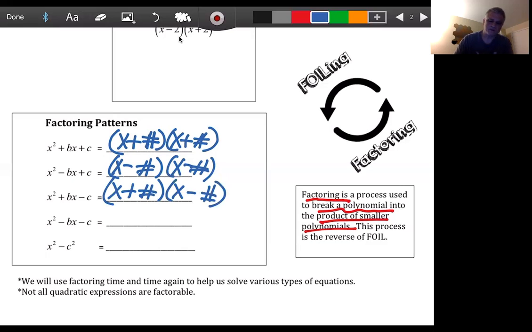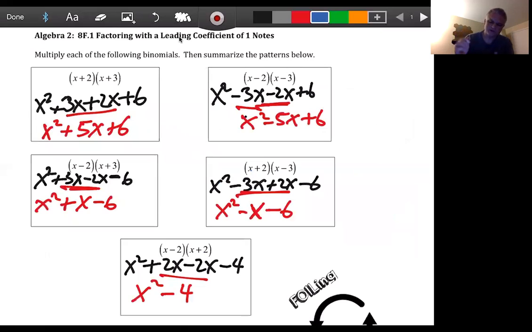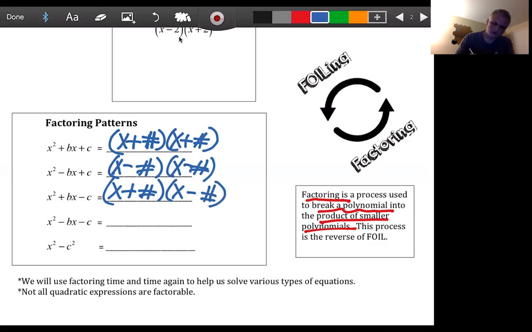How about if we had minus minus? Well, the key really is that third number there. So we have a minus minus here. Well, this one, just like this one, was a plus and a minus. Now, what's the only difference between these two? I'll tell you.